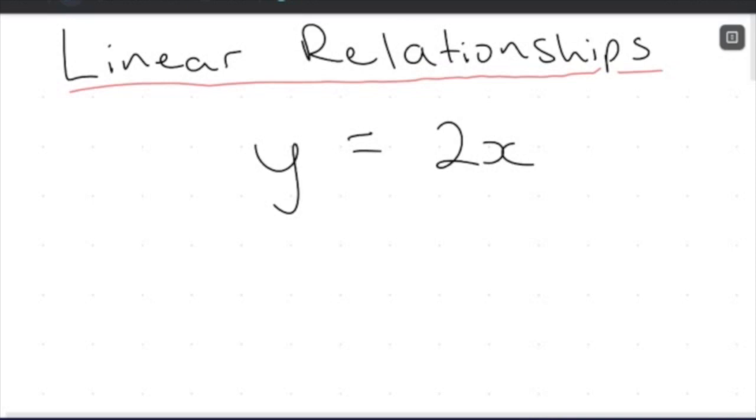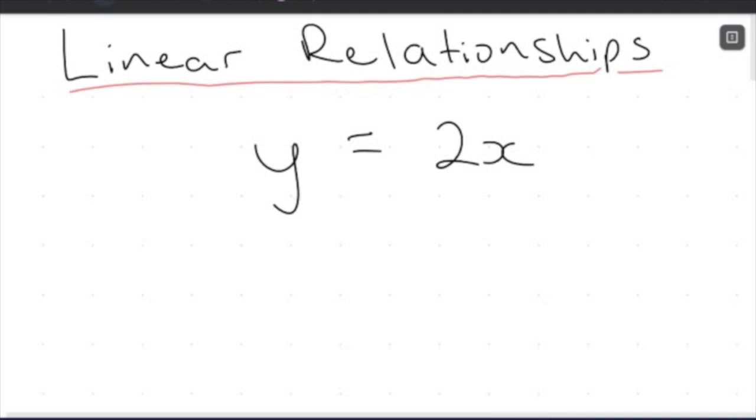So I've written an expression here, which is that y equals 2x. And I just want us to first start by making some observations about this. At the moment, based on all we know, it sort of looks like an equation. We have one thing on the left hand side equaling the other thing on the right hand side, but we can't really solve this for anything in particular, can we?